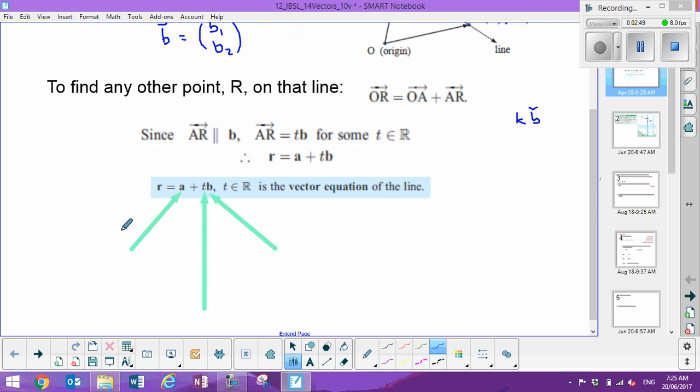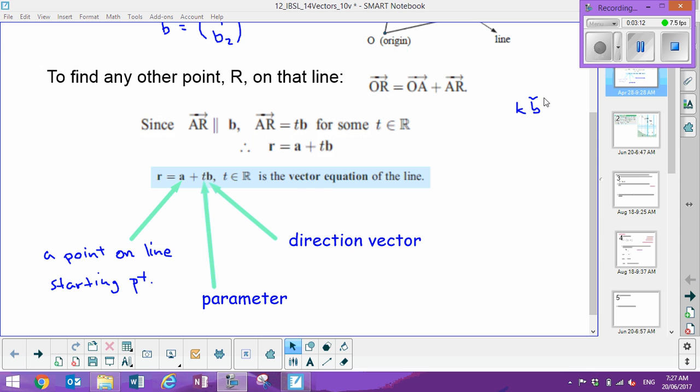So in here, A is a point on the line, or our starting point. Our parameter is T, and our direction vector is B.